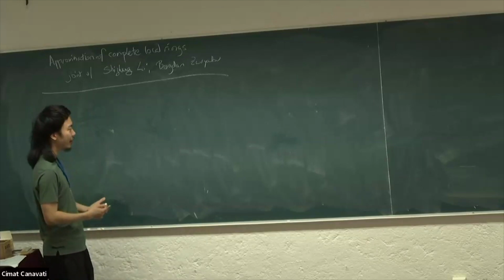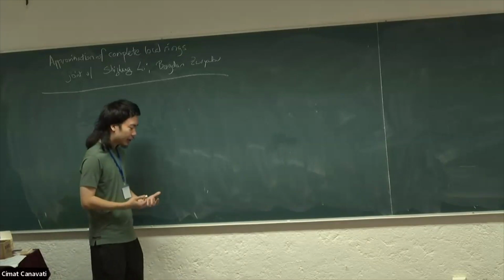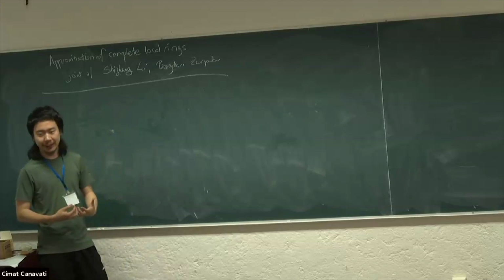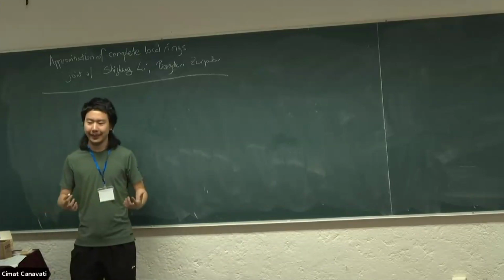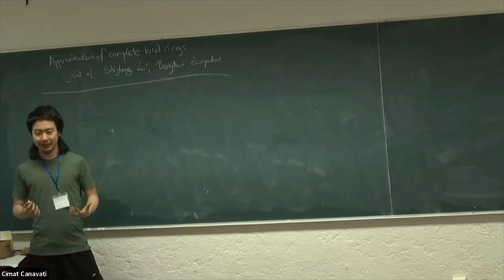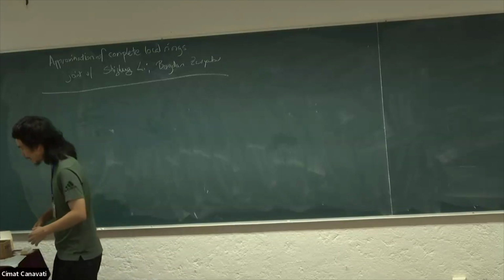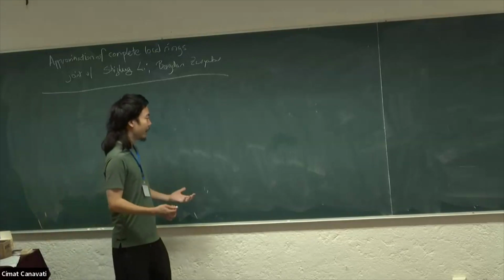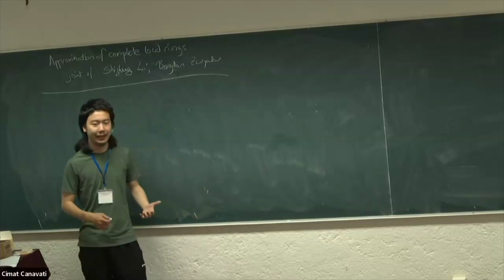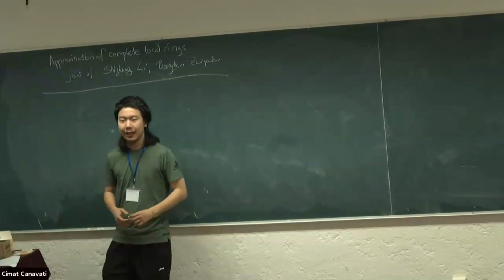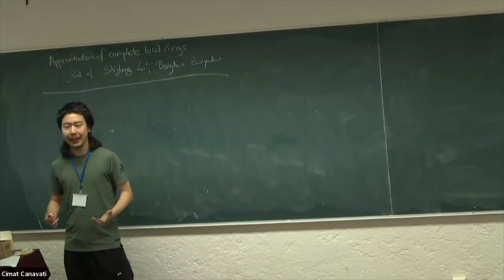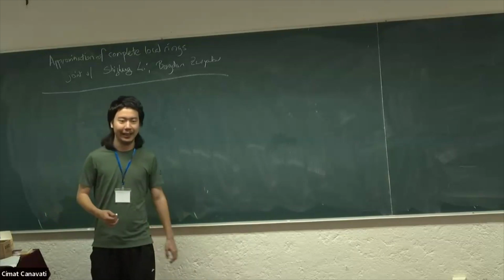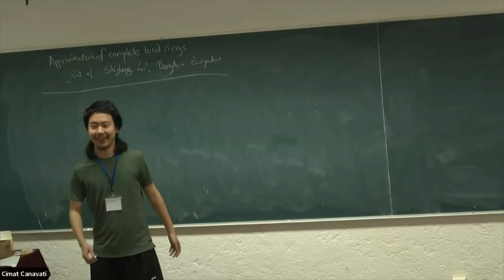Because in equal characteristic 0, many results have this restriction that your ring has to be finite type over a field, right? And that's because we also apply geometric methods, for example, analytic methods using complex geometry, and also reduction modulo p.